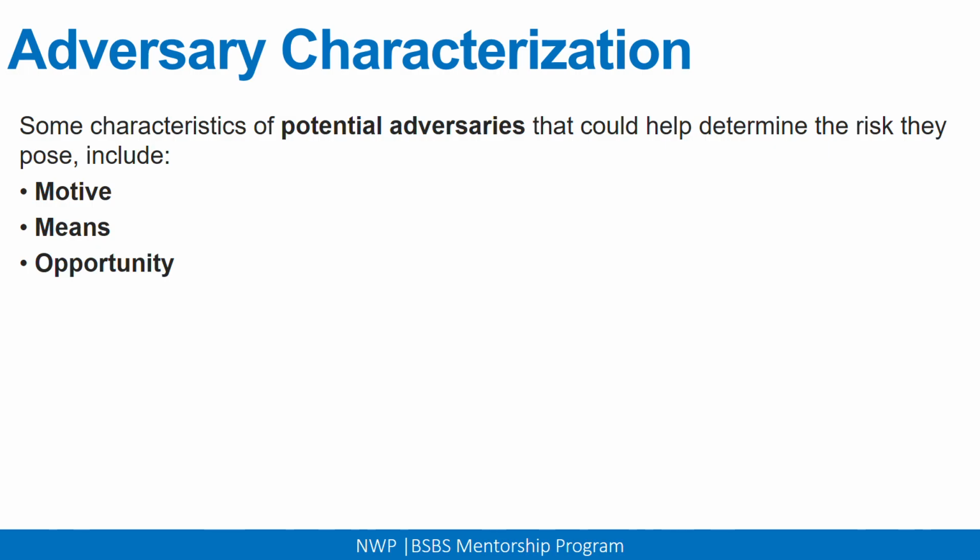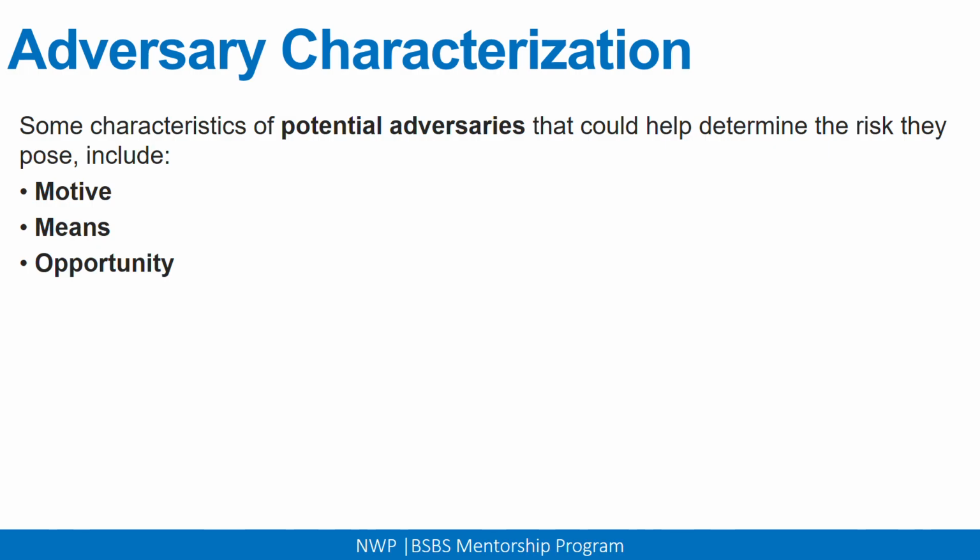So what does this tell us about adversaries? It's simply telling us that most of the time, the bigger threat is the insider as compared to the outsider, because the insider has greater means and greater opportunity, even though both the insider and the outsider may have similar motives.